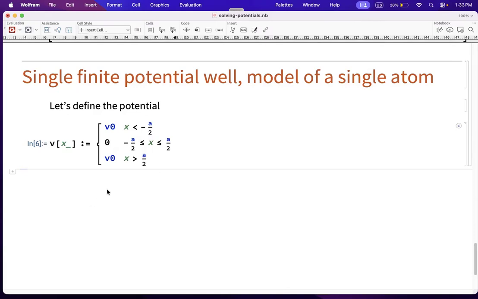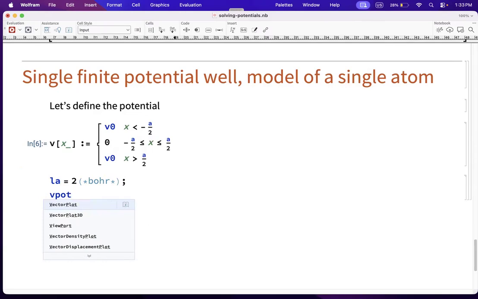I'm going to put LA, the length A, as 2 Bohrs, so please comment that this is Bohr. And V pot is equal to 6.5 Hartrees, with the notation E sub H.